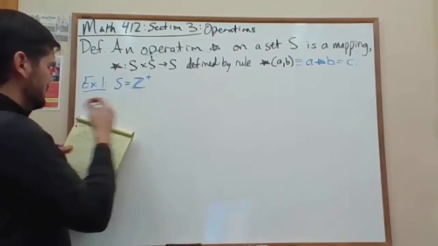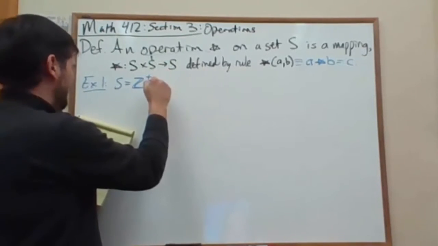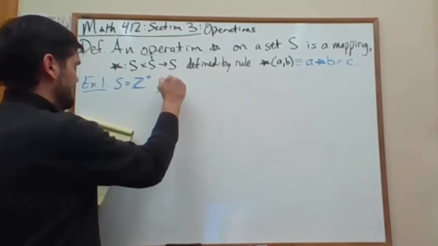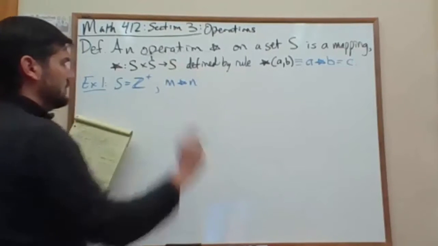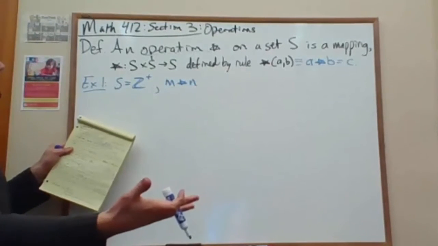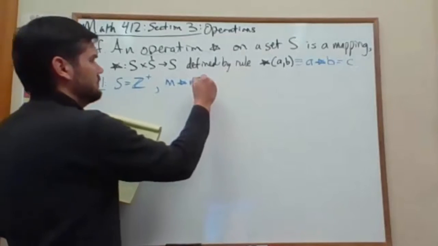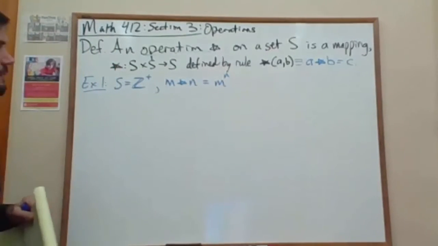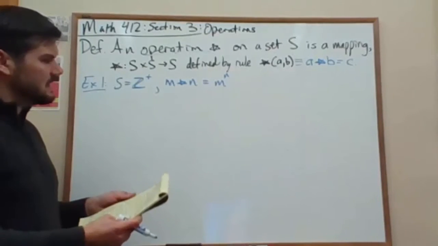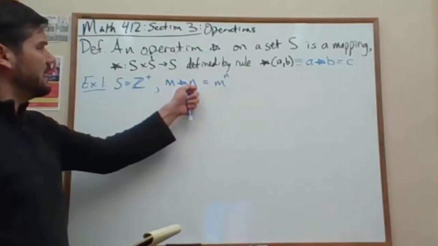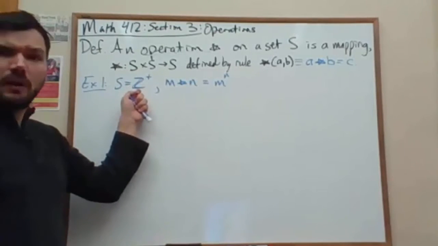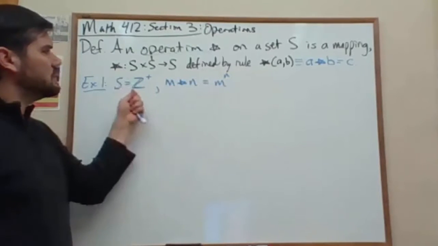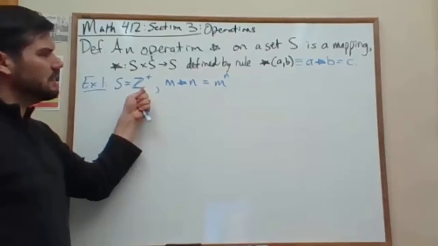And let's define M star N as M raised to the nth power. So let's think about this for a second. Again, M and N are both in this set of positive integers. If we take M raised to the nth power, are we still in the set of positive integers?